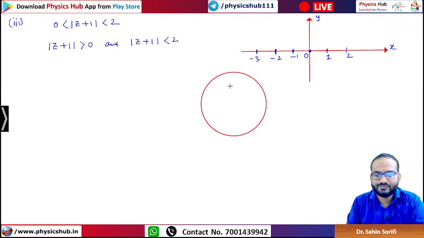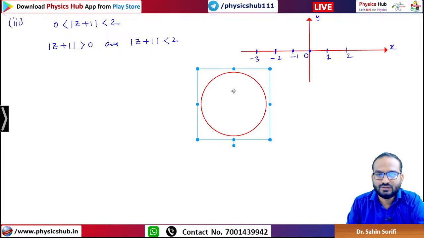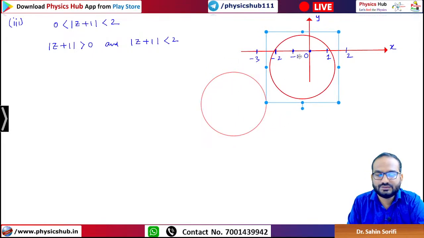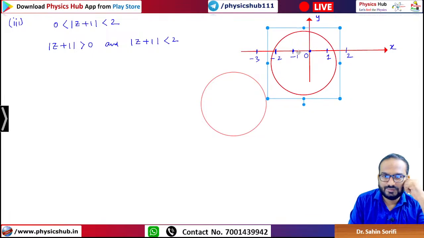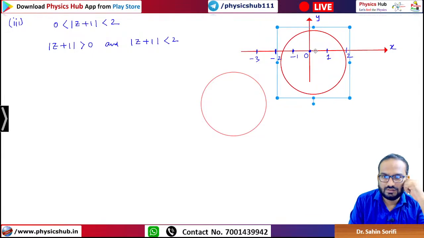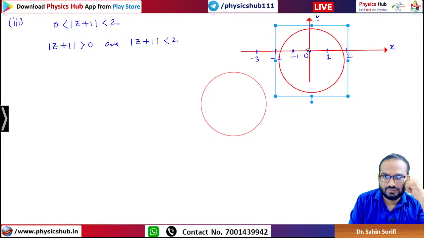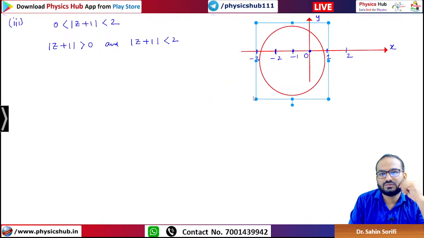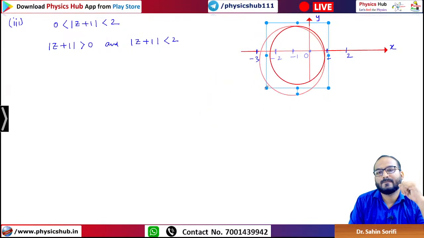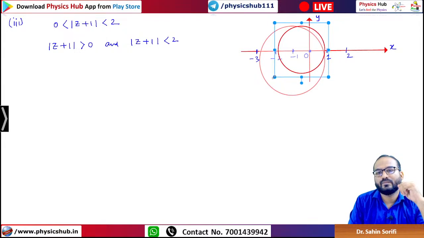It should be more than 0 but less than 2. So if this is minus 1, 1, 2, so less than 1, less than 2. Try to understand this very carefully, okay?